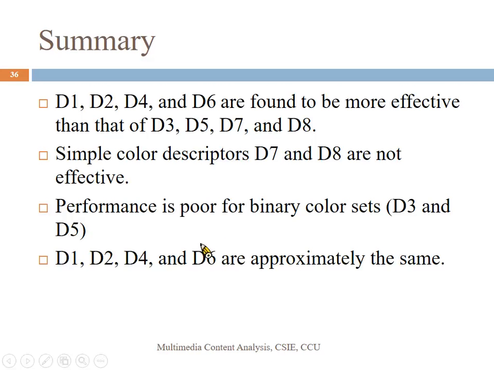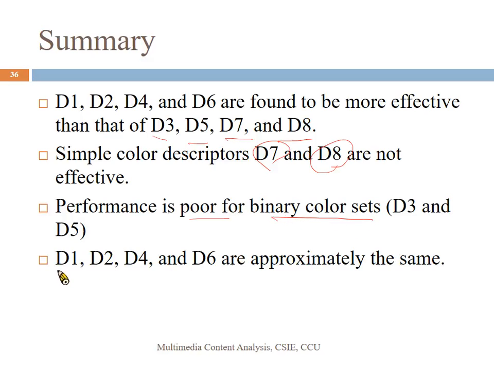In summary, D1, D2, D4, D6 are found to be more effective than D3, D5, D7, and D8. The simple color descriptors D7 and D8 are not effective, and the performance is poor for the binary color set.